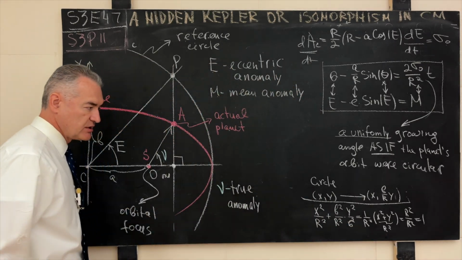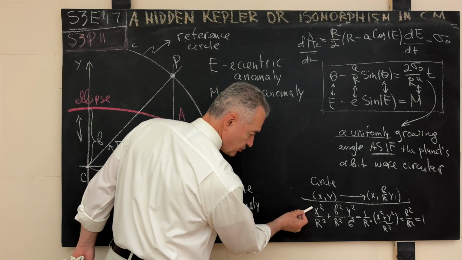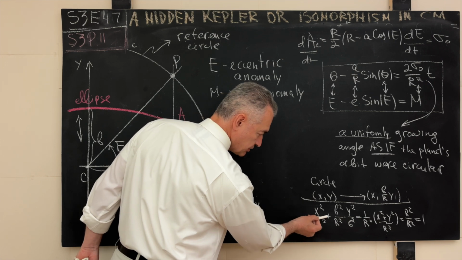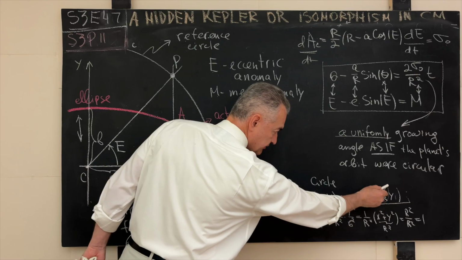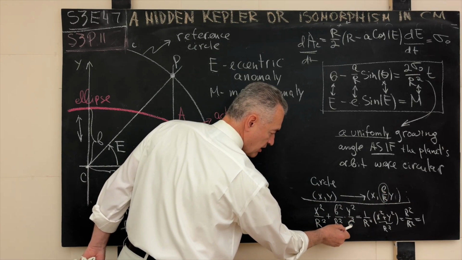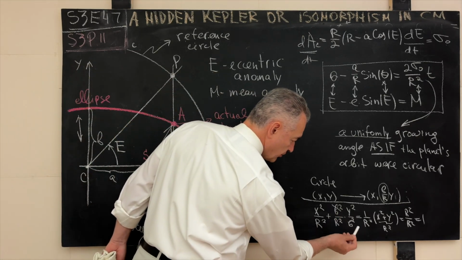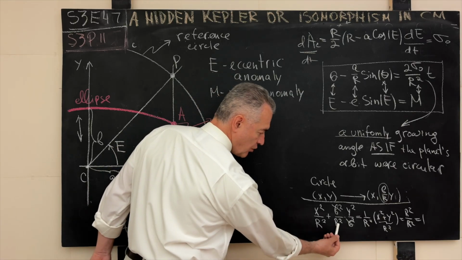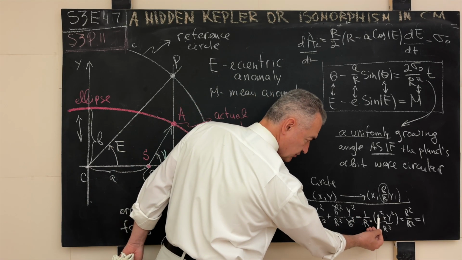Then if we construct the hopeful equation of the ellipse, what will happen? x squared divided by r squared plus y scaled by this factor right here, b over r, squared, and at the bottom we put b squared. Here b squared and b squared cancel out, 1 over r squared factors out, and we get x squared plus y squared.